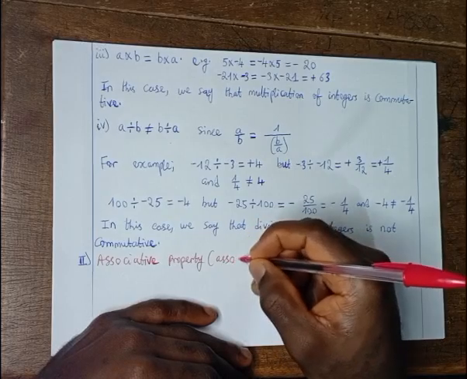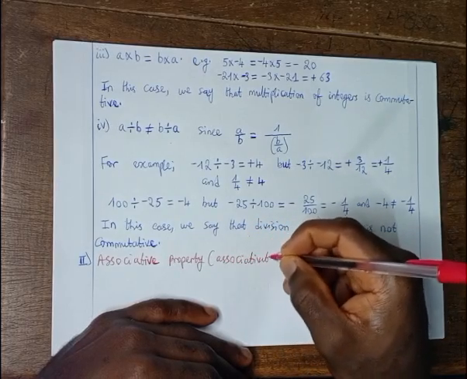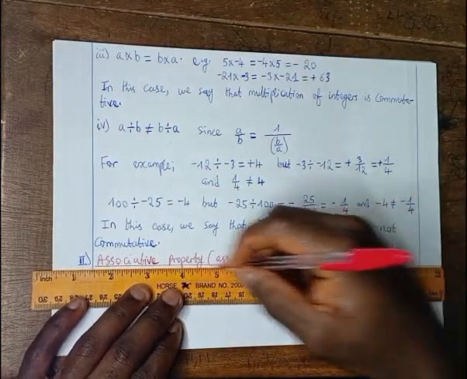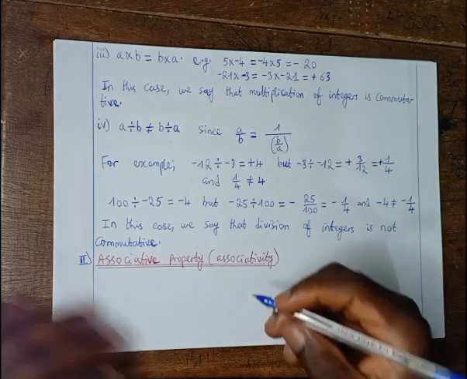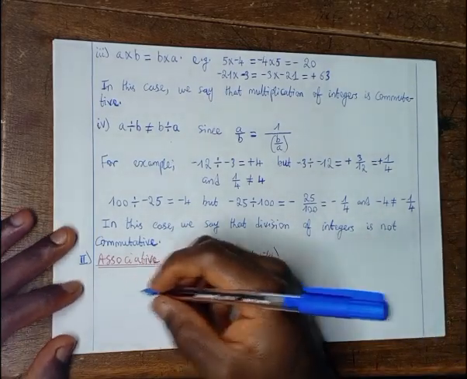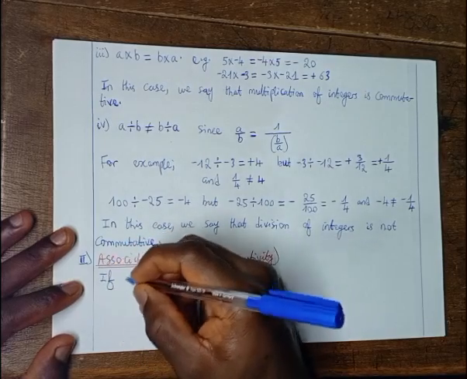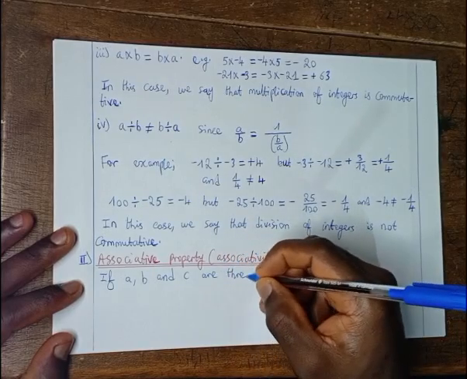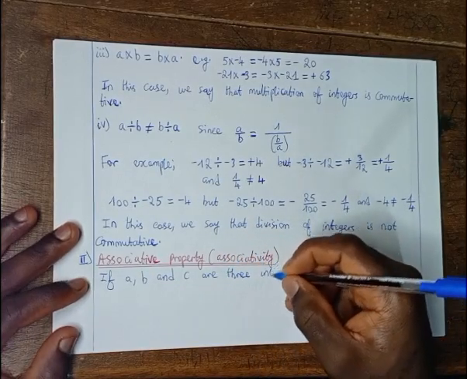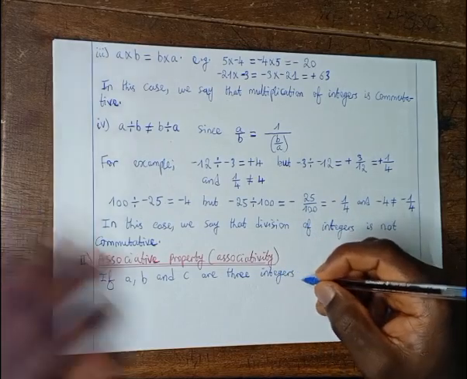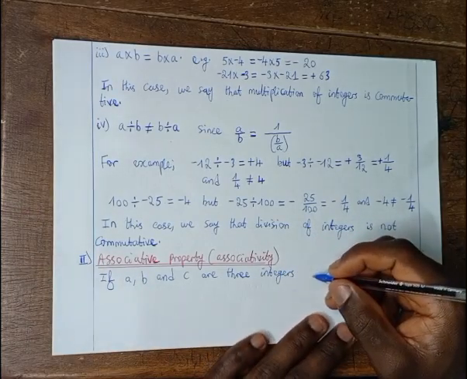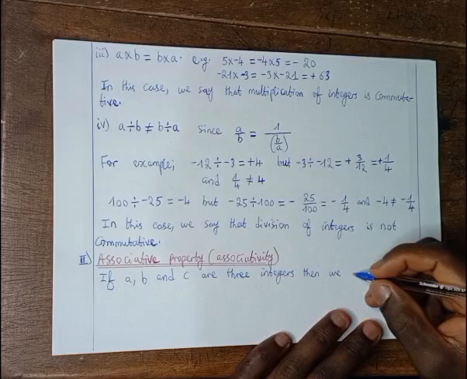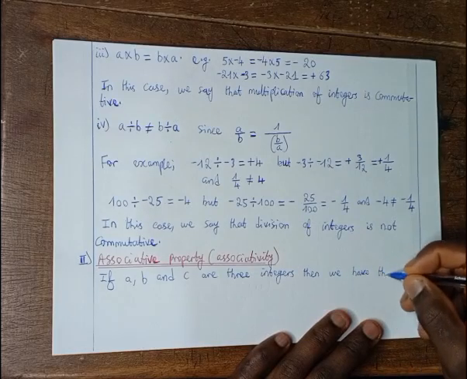In this case, we start by saying that if A, B, and C are three integers, then we have the following.